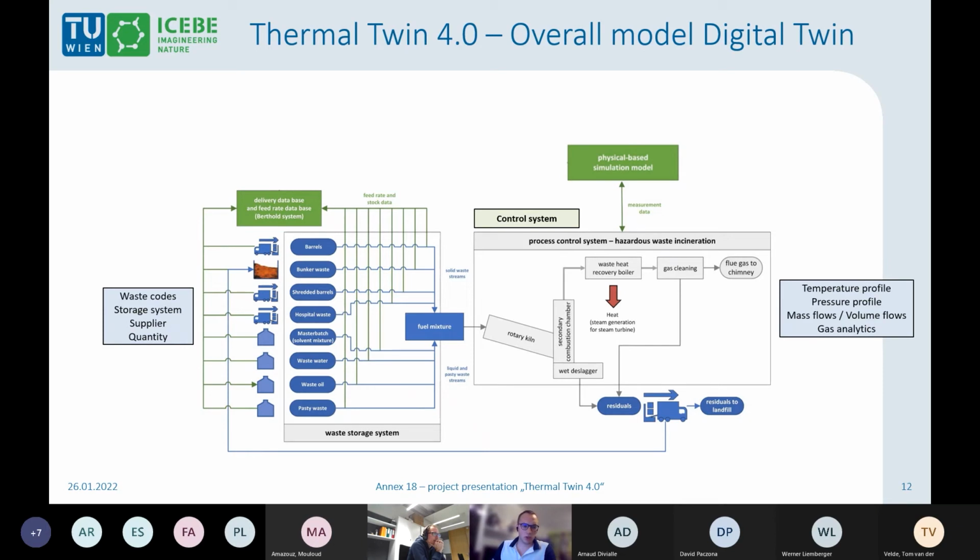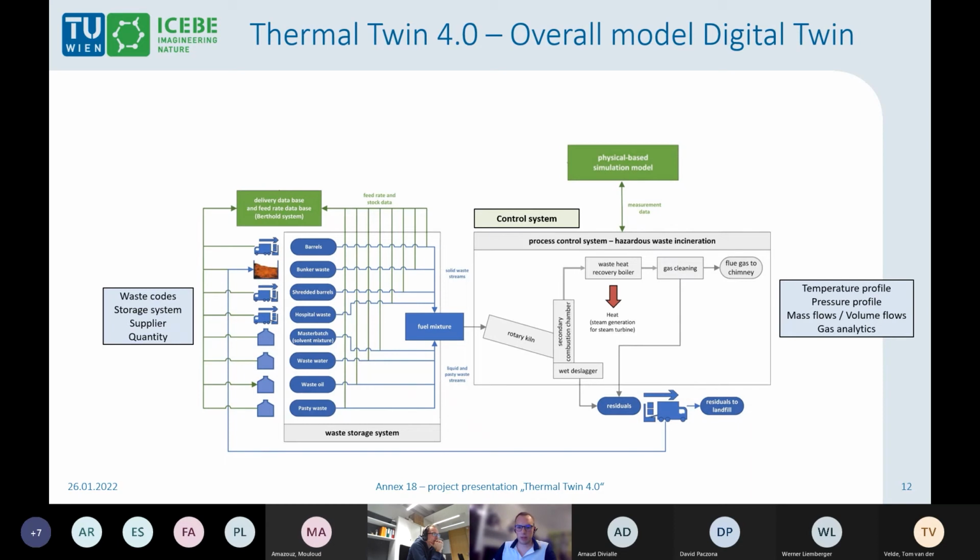We know in what storage system the wastes are stored, which supplier delivered this waste, and what quantity. Therefore, we know, due to the physical-based simulation, the time-dependent fuel mixture, and we know the time-dependent waste codes and quantity which will be fed into the rotary kiln.